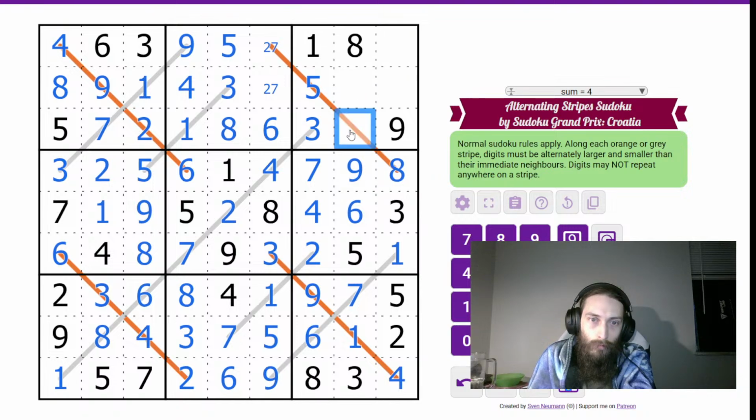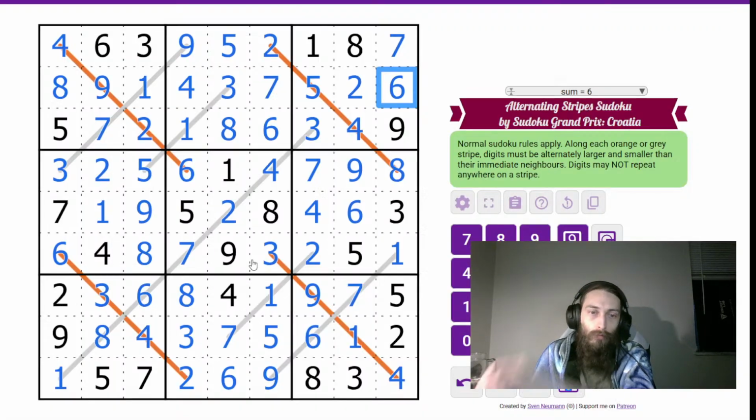Row 3 is a 4. So, since this is smaller than 5, this also has to be smaller than 5. 7. I don't see 2, and I don't see 6.